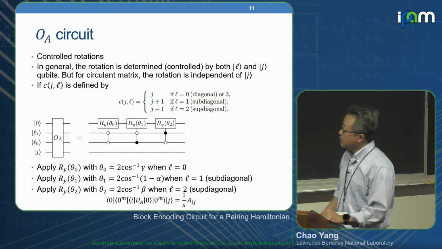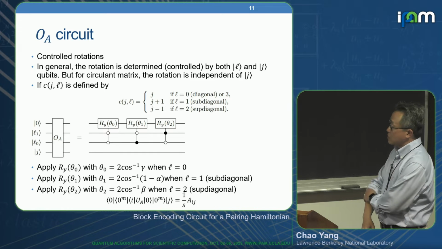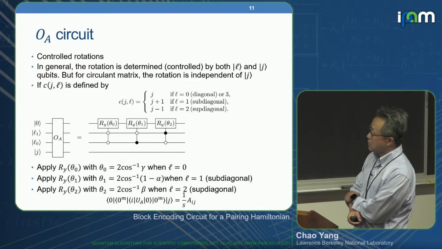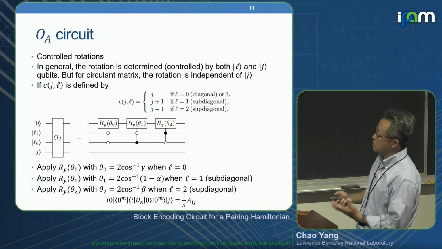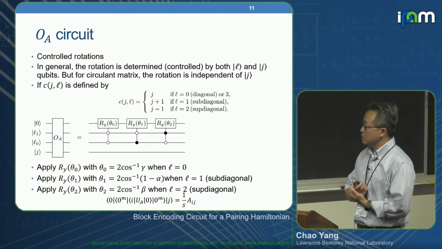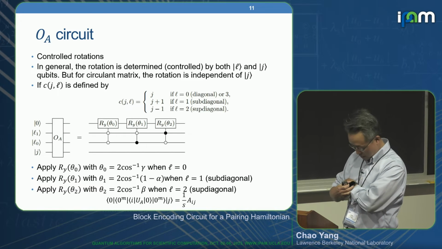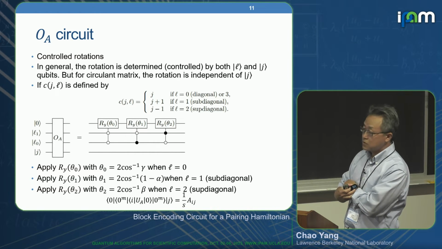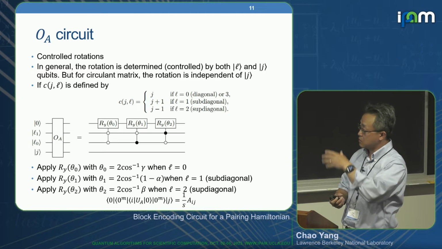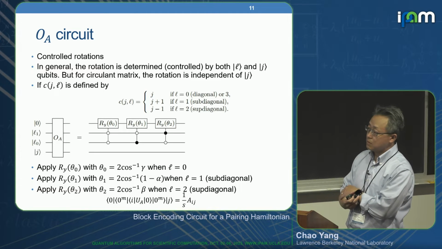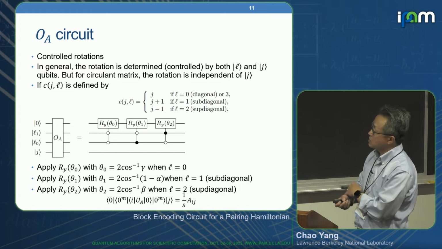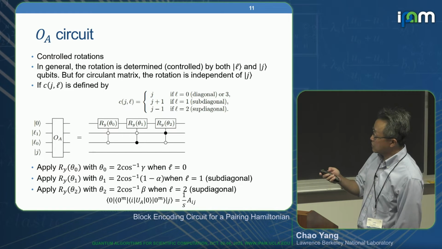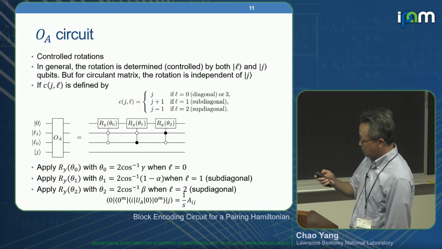Then we can talk about how to construct the O_A circuit, which encodes the numerical values. We use controlled rotations. In general, the rotation is determined by both L and j. But for a circulant matrix, because the matrix elements in all the columns are the same and just differ by their row positions, it doesn't depend on j, so you can construct this relatively easily.